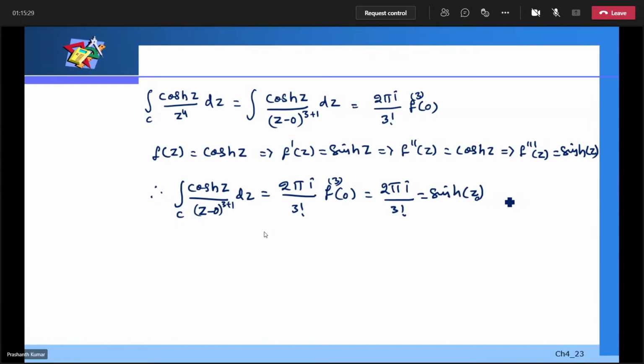This is equal to 2 pi i by 3 factorial into sin h 0. Sin h 0 is 0. So finally the answer is 0.